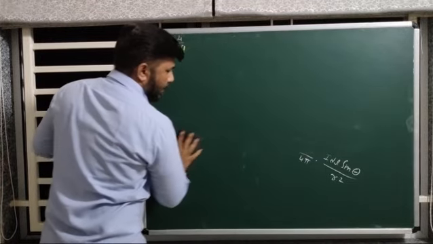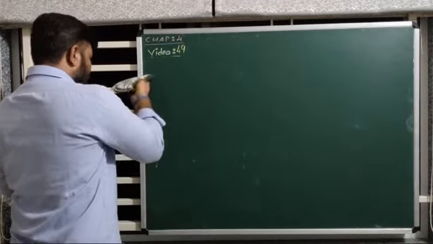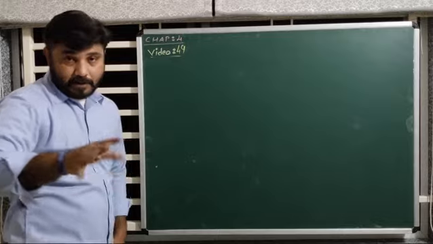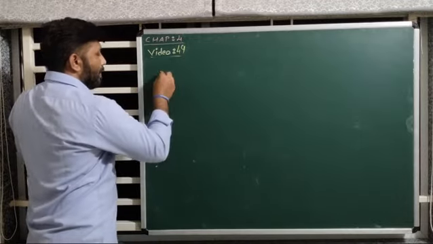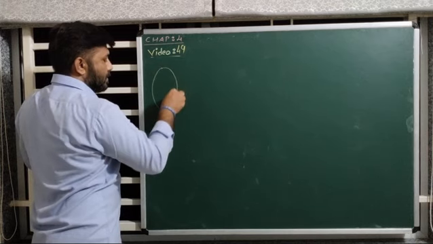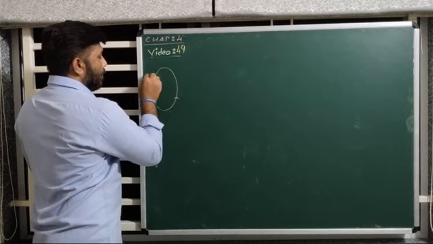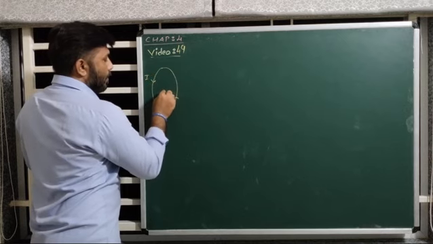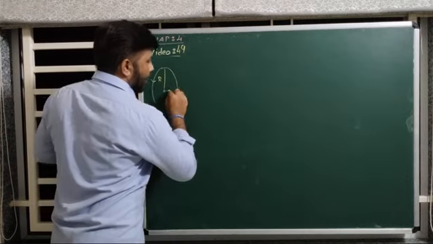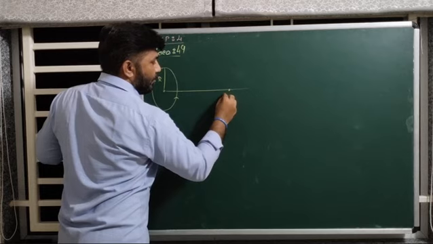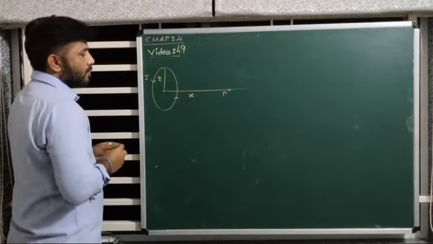In this theory there are a few things. I am not drawing the entire figure, but let us see. It is a circular loop which carries electric current I. This circular loop has radius capital R. From the center, let us take a point P at a distance x.